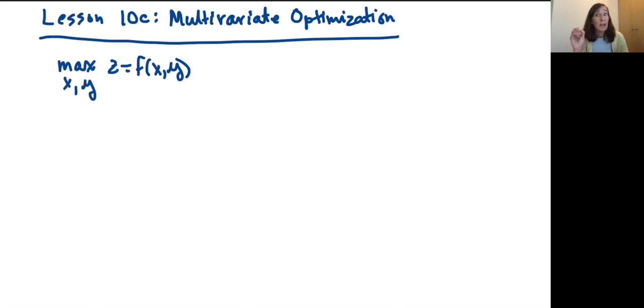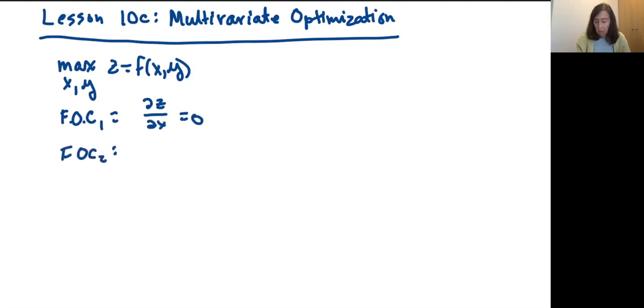So we're going to do that same thing here, but we have to do it for each variable. Okay, so now we have multiple first order conditions, and I'm going to label them. So first one is going to be that the derivative of z with respect to x has to equal 0, and FOC2 would be the requirement that the derivative of z with respect to y equals 0.